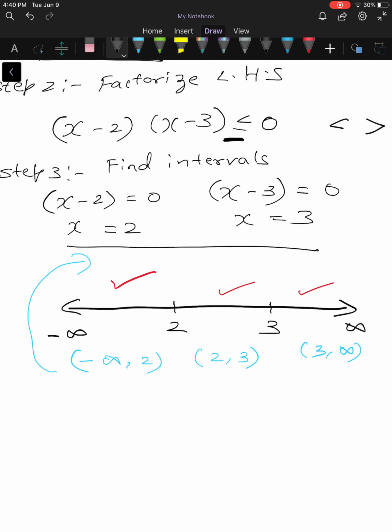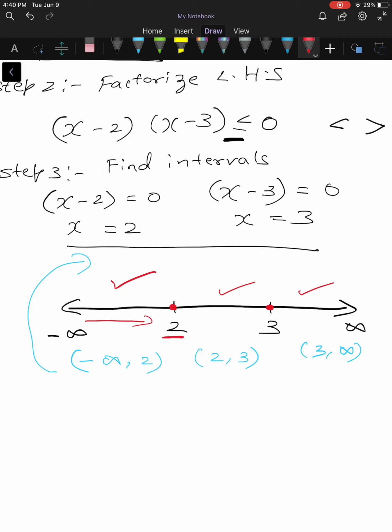Okay, now you can observe that the sign changes exactly at 2 and 3. So the sign, that is the less than or equal to sign, changes at 2 and 3. In between this, it will be one sign. It will be equal to 0 at 2.